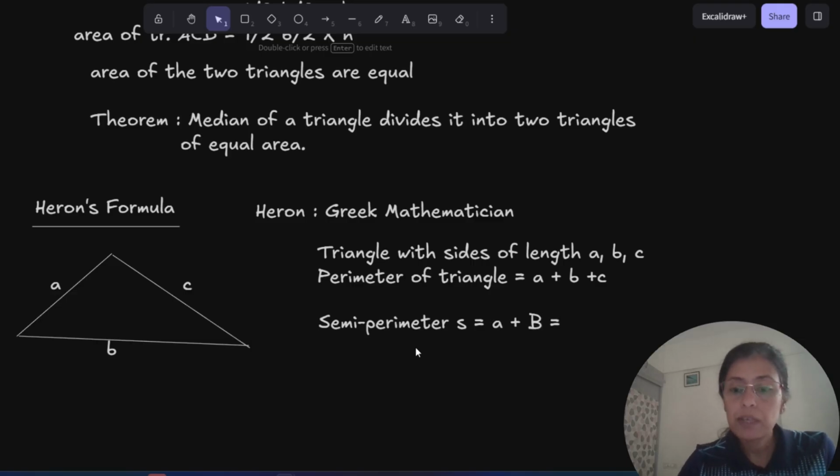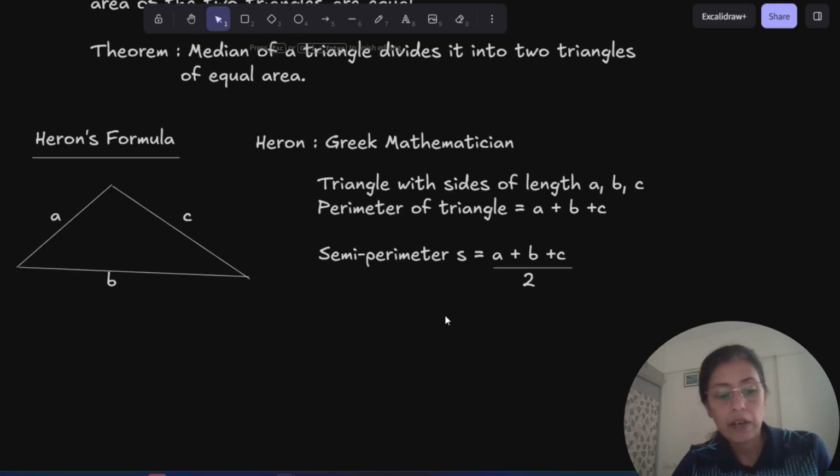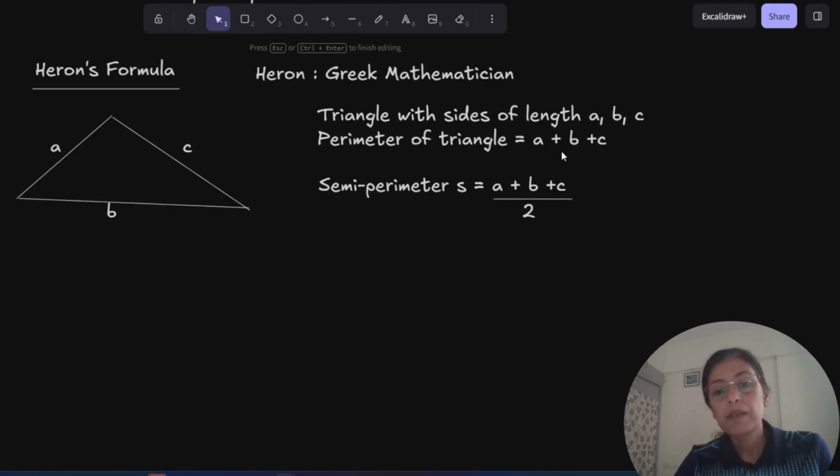So semi-perimeter will be A plus B plus C, upon 2. So semi-perimeter is half of the perimeter. So here we defined semi-perimeter S is equal to half of A plus B plus C.